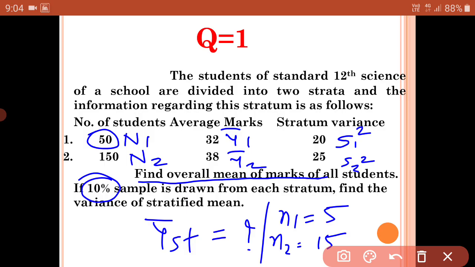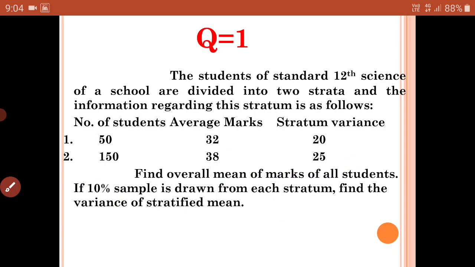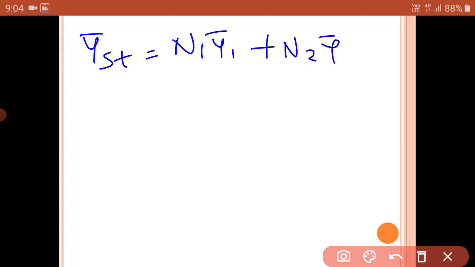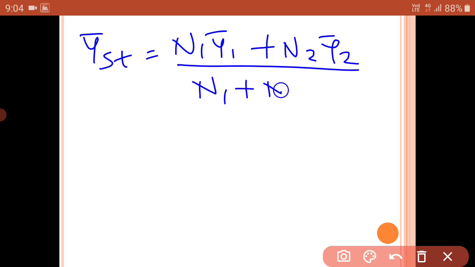After that, apply the formula. y bar st is equal to capital N1 y bar 1 plus capital N2 y bar 2 upon capital N1 plus capital N2.